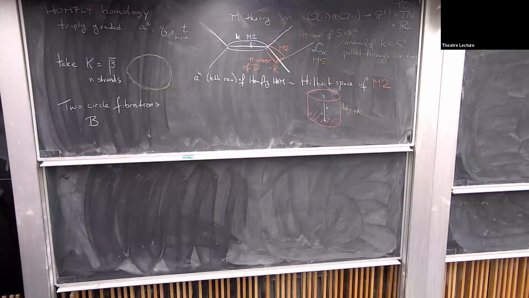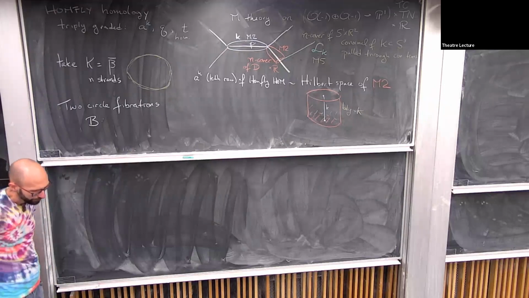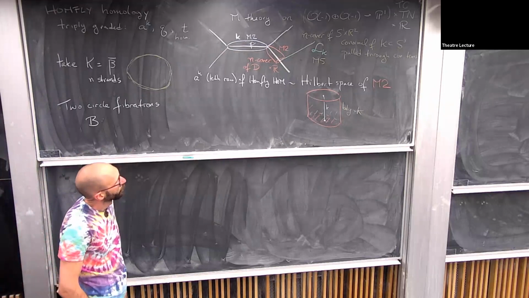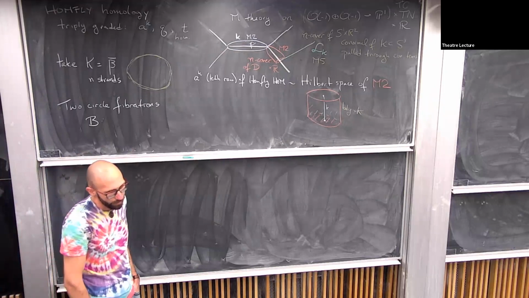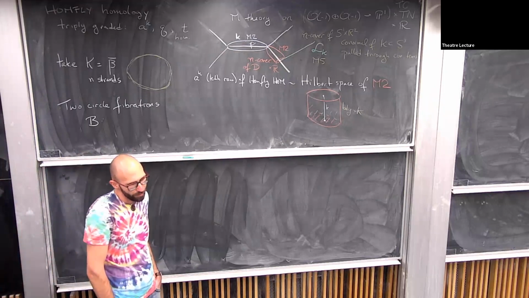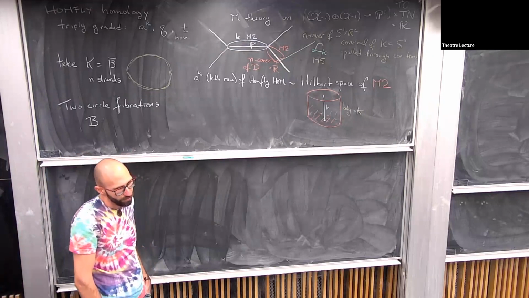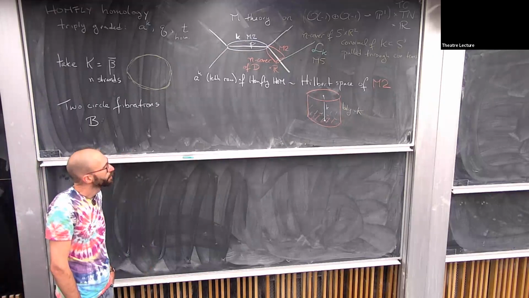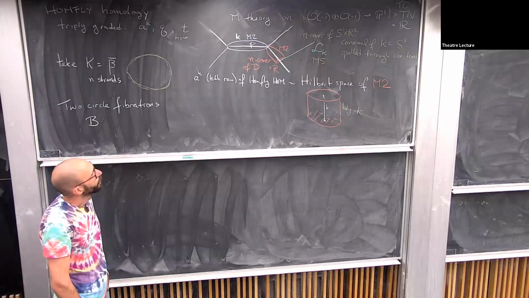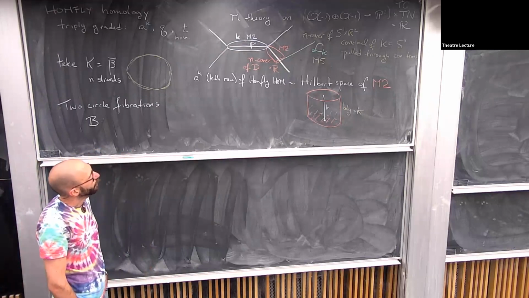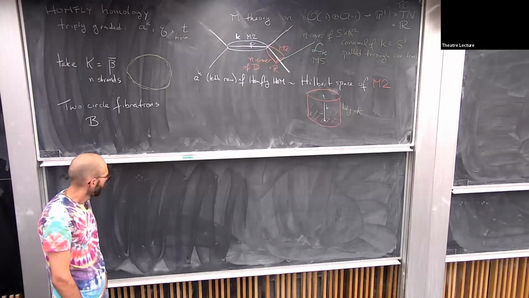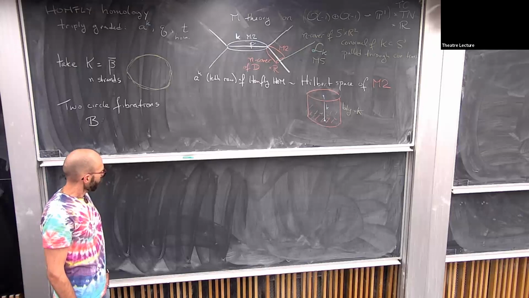Another question. The integer n, the picture that you explained about this M2 wrapping around n times, I guess that would introduce a defect like an order n orbifold defect at the origin. It doesn't.